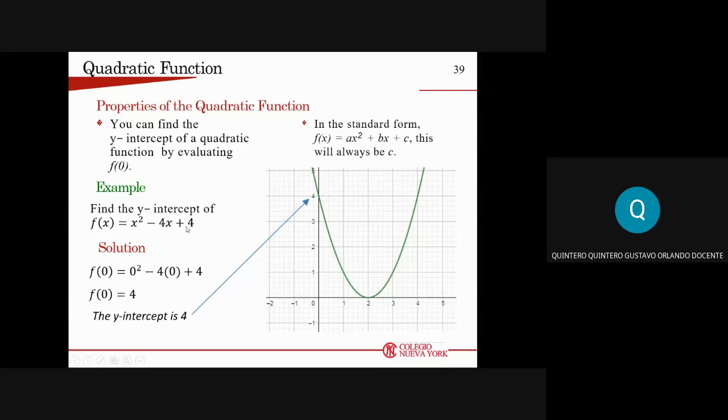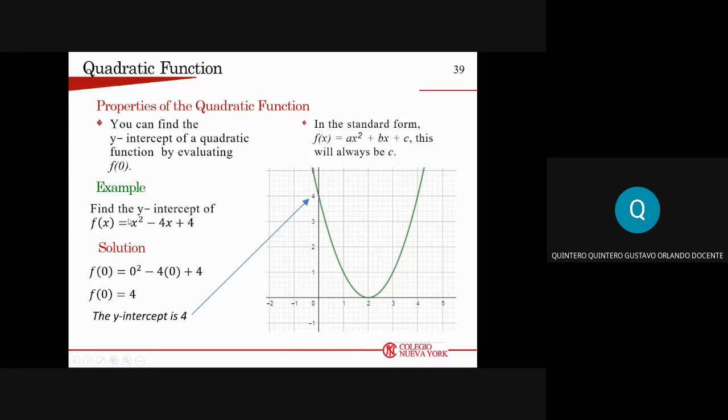Okay. Now, different functions are going to give you different y-intercepts. So this process has to be done every single time. But remember, in this case, we didn't have to do this. We didn't because, look, if the function is in standard form, the y-intercept will always be c. And this was in standard form.